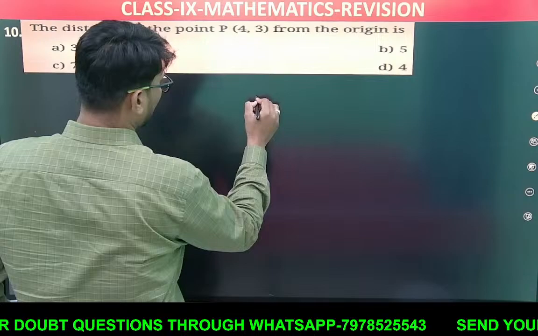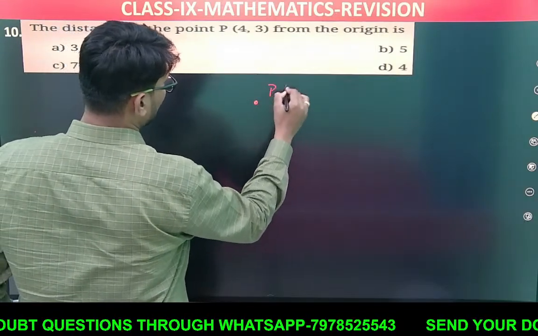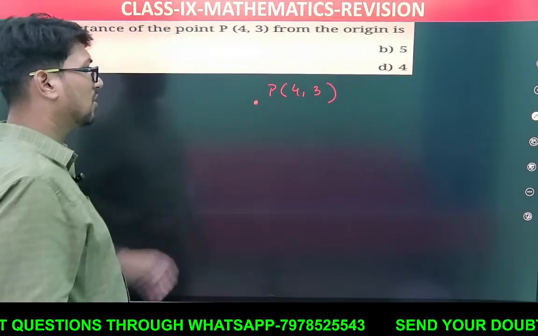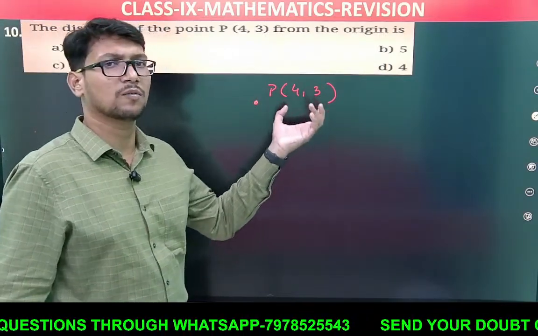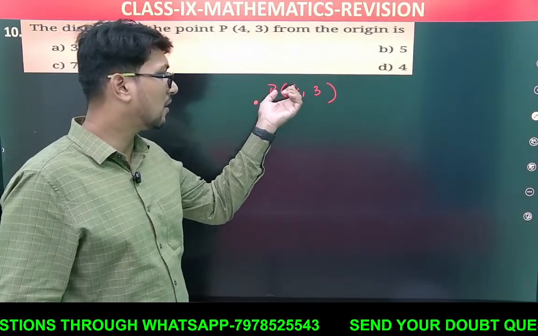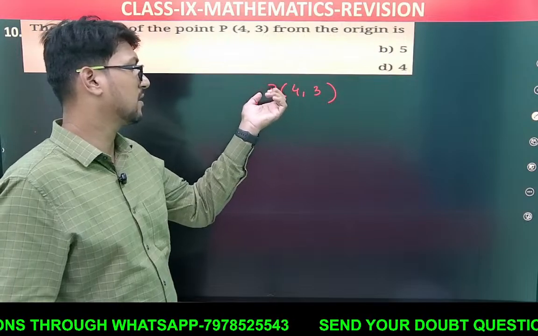Let this be the point P, which is (4,3). Now, (4,3) means what? It means the abscissa, or the x coordinate, gives a distance.